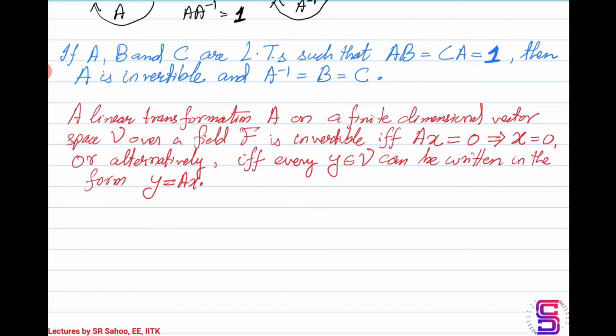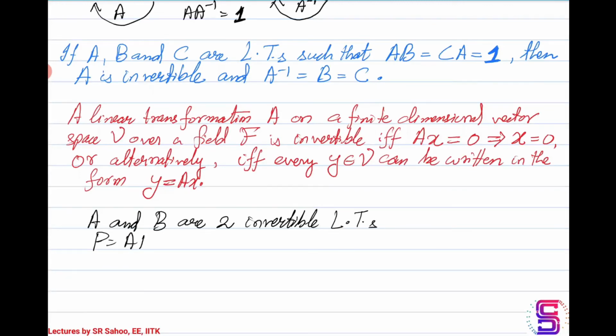Okay, now how is the inverse related to the product of transformations? So let's say that A and B are two invertible linear transforms and P is the product AB.